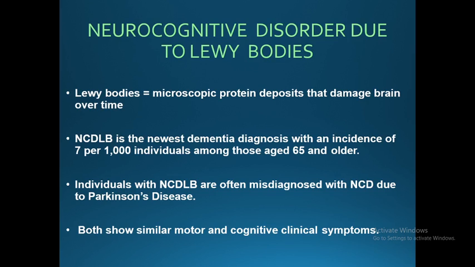NCDLB, or neurocognitive disorder due to Lewy bodies, is the newest dementia diagnosis with an incidence of 7 per 1000. So it's a new area of dementia which is diagnosed in 7 per 1000 individuals who are 65 years and older. Individuals with NCDLB are often misdiagnosed with NCD. What is NCD?